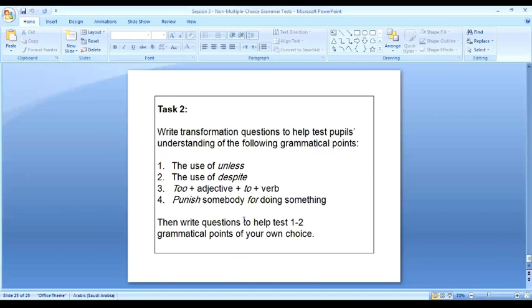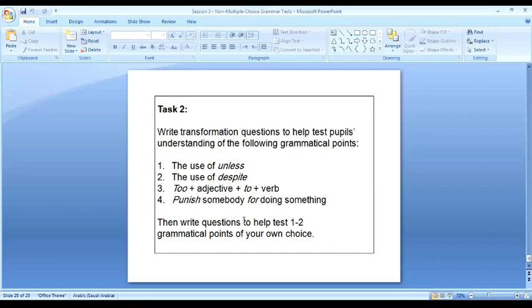Task 2: write transformation questions to help test pupils' understanding of the following grammatical points. The use of unless. You can give them a sentence and then they have to use unless to make a transformation. And the use of despite also. And then the use of too plus adjective plus to plus verb.